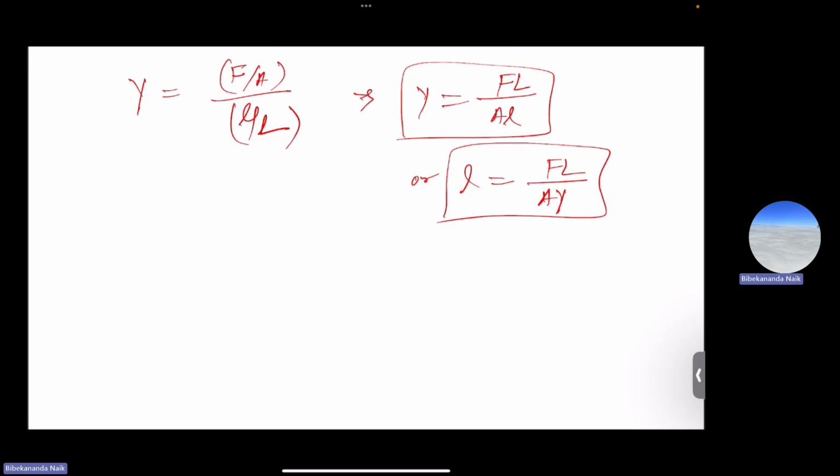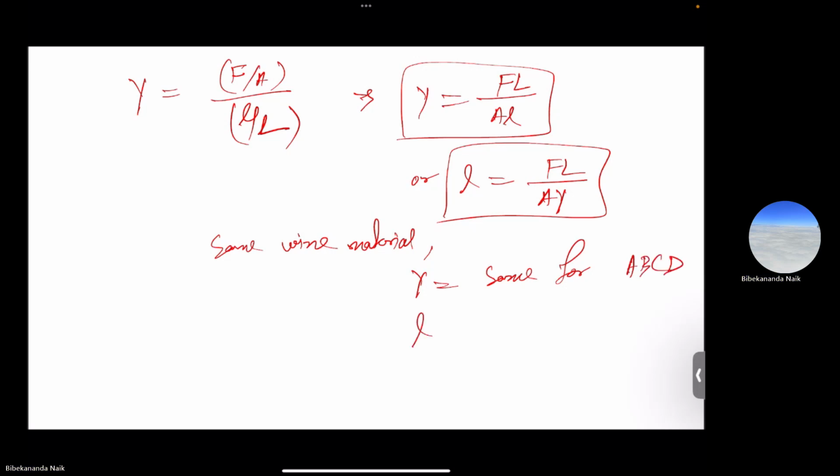So this is the relation. Now the question says which wire has least area of cross section. Same wire material implies Y is same for A, B, C, D, and also it is given the length is same, so capital L is same for the 4.